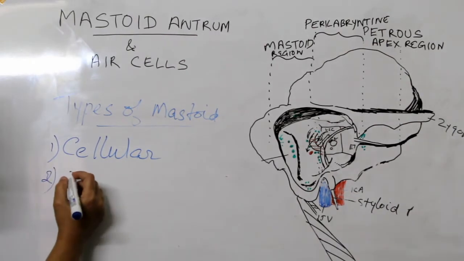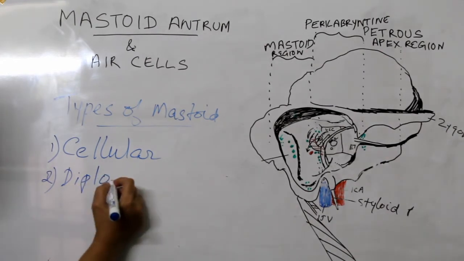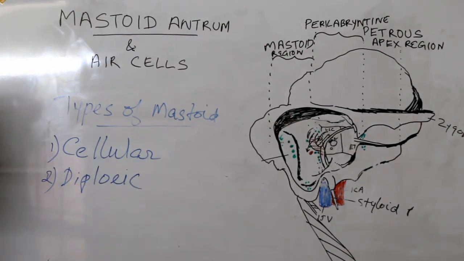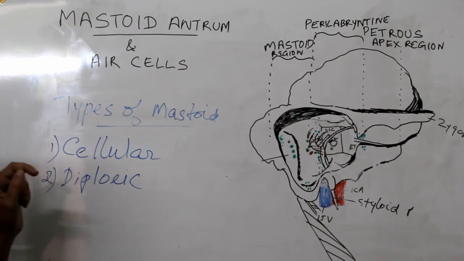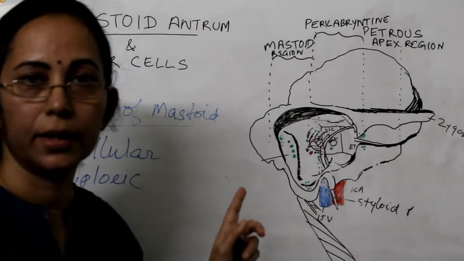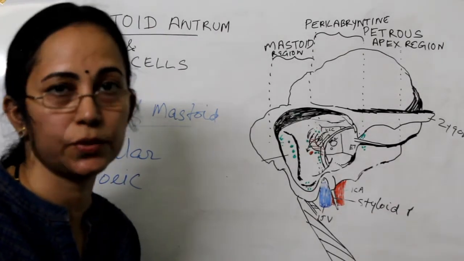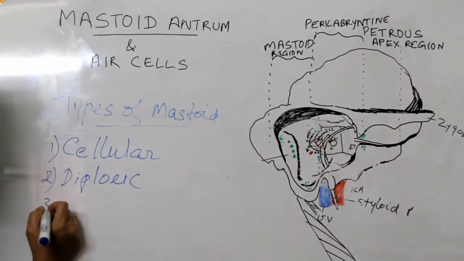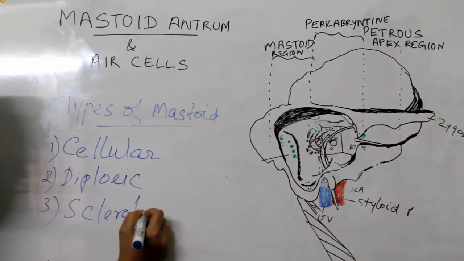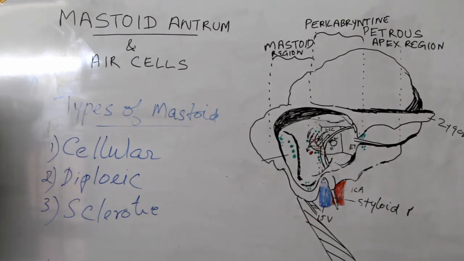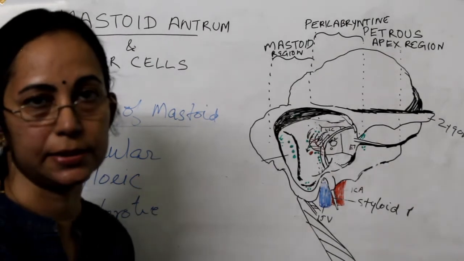Second is diploic, that is partly cellular and partly acellular. That is more of marrow spaces and less of cells. And third is sclerotic or acellular. There are no air cells, neither marrow spaces.